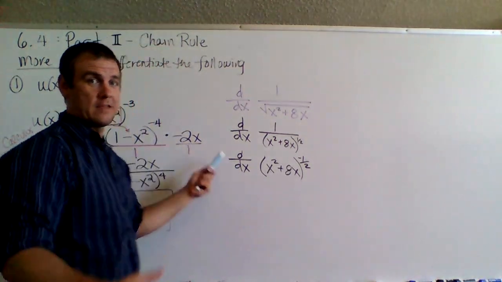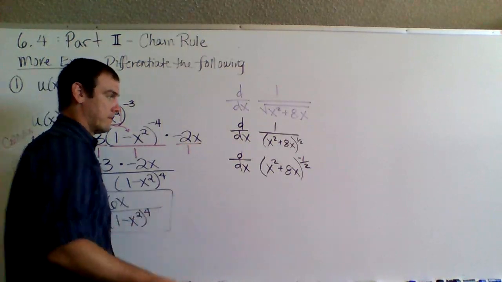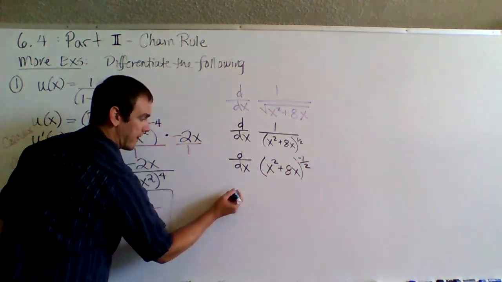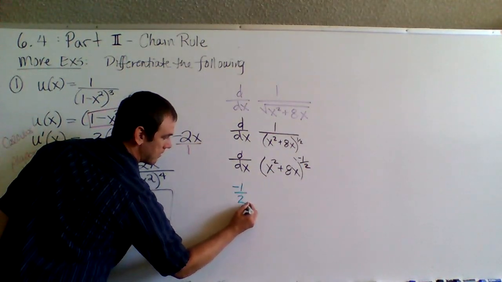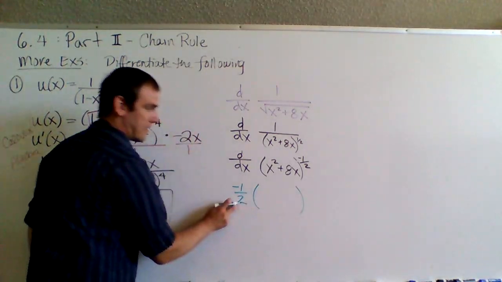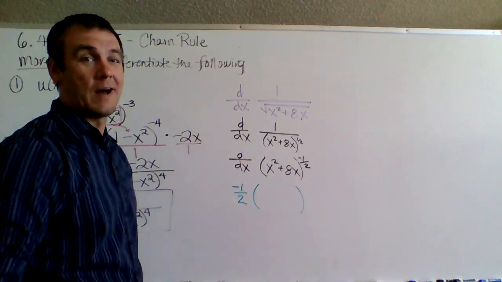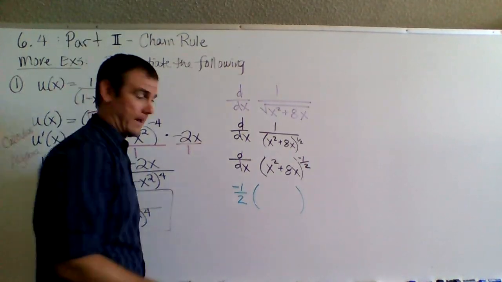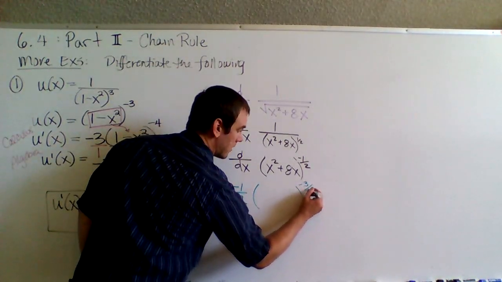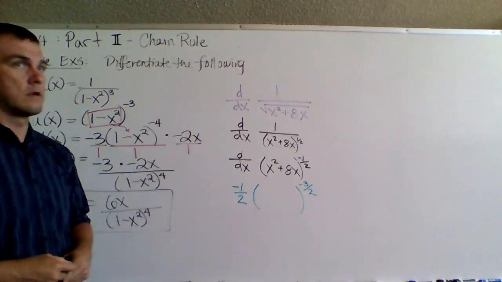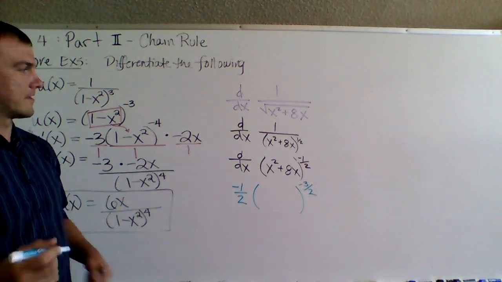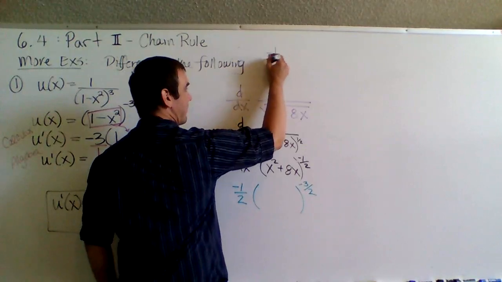Okay, so now in this step, I'm going to take the derivative. I bring my negative 1/2 out front. Subtract 1 from my exponent. Now negative 1/2 minus 1 is going to be negative 3/2. You better say that one more time. What just happened? We have negative 1/2.